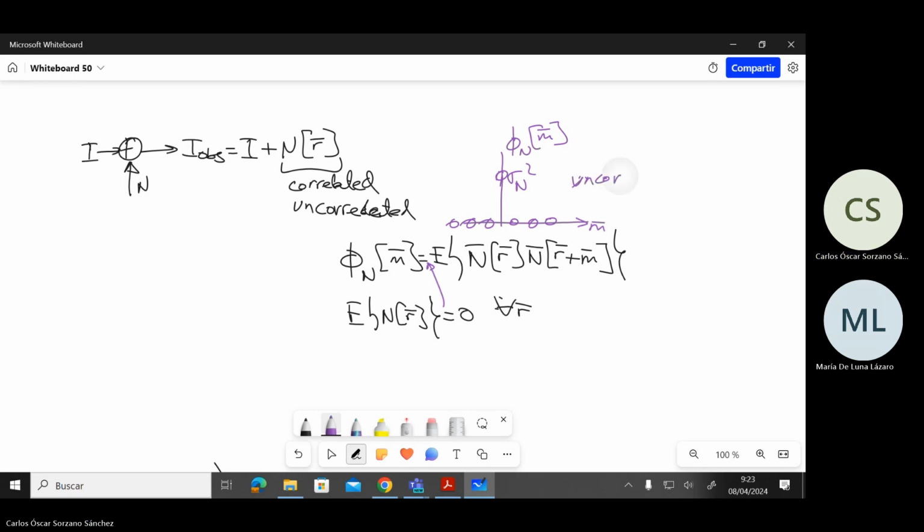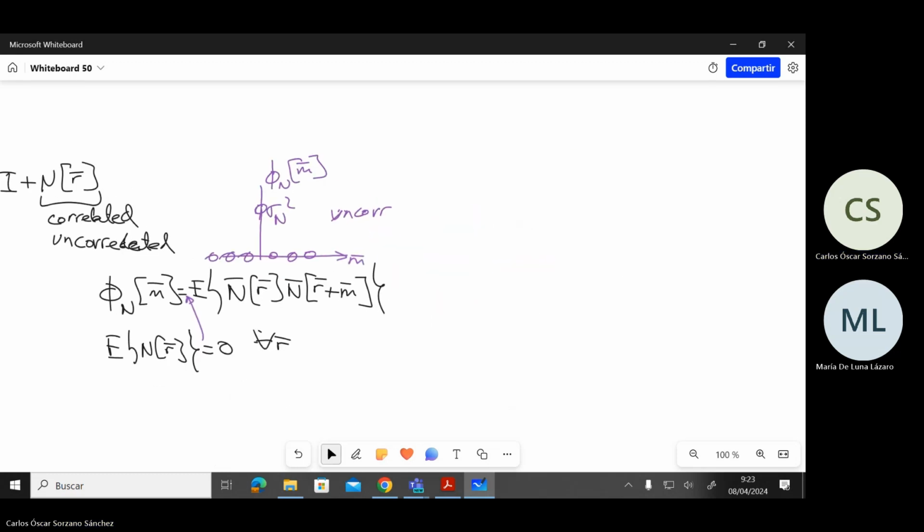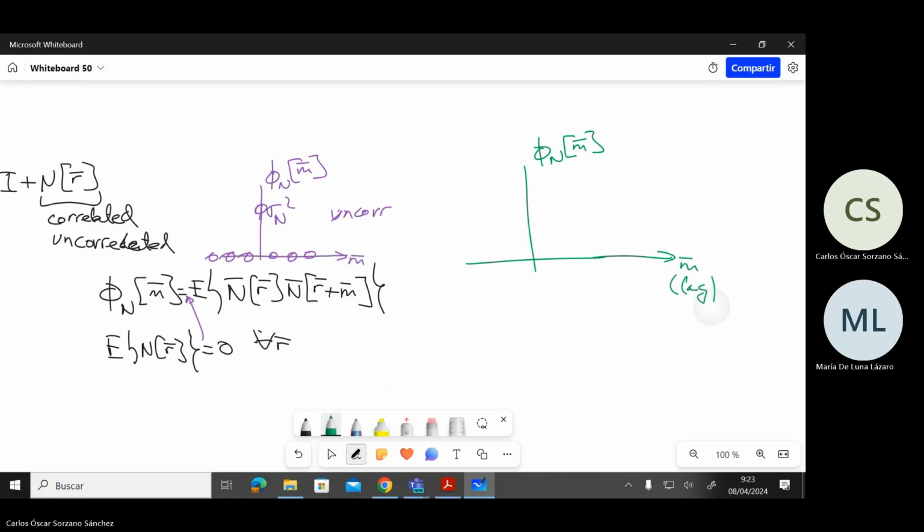What if it is correlated? Then the noise correlation is organized, it has values something like this, and it's symmetric. This is a correlated noise.